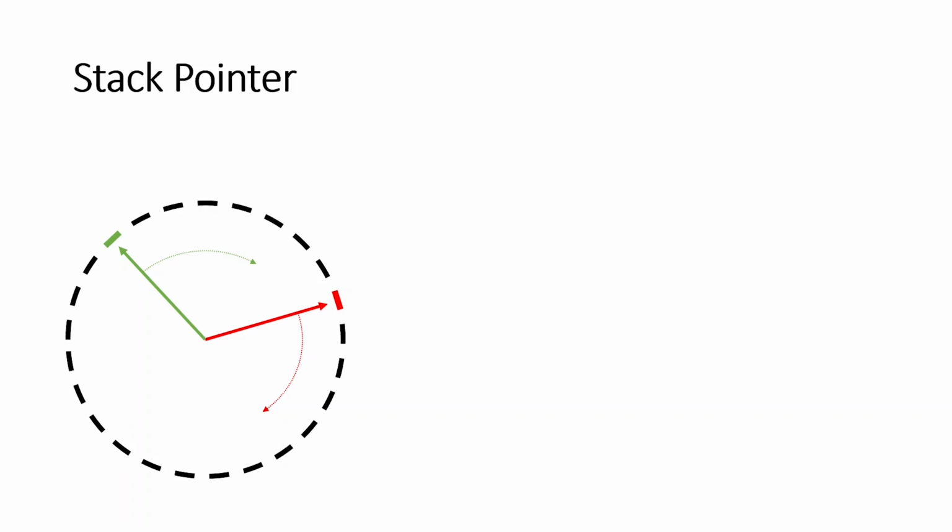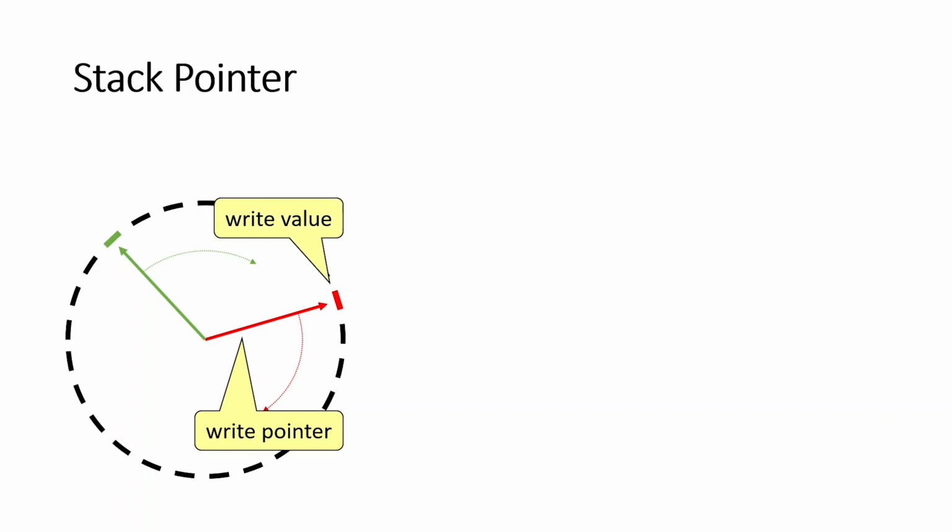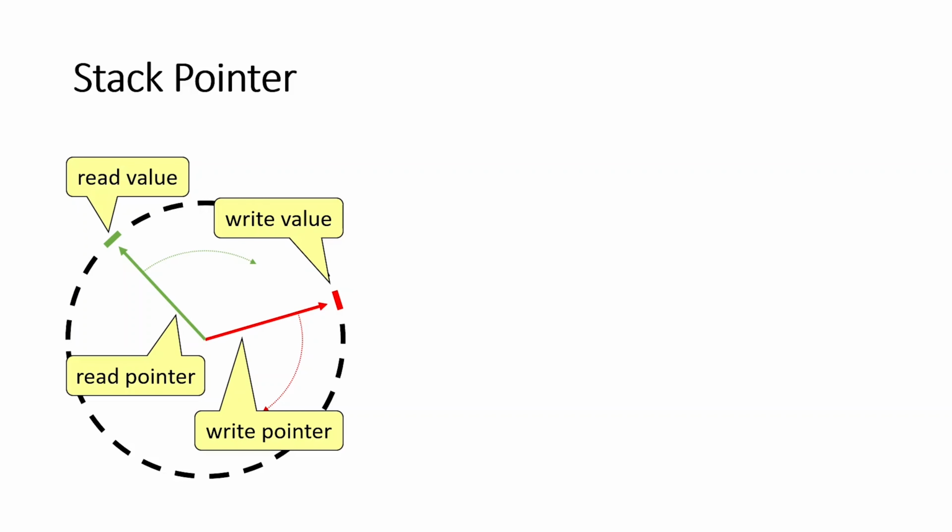Efficient management of that ring buffer is a central aspect of A2Stream. Imagine you have pulse generator types that have to read 1 byte from the ring buffer and write 2 bytes to the ring buffer, all during a single pulse. If you take a look in general at a ring buffer, then there is a write pointer, a write value, read pointer, and read value. So you have 4 things to take care of.